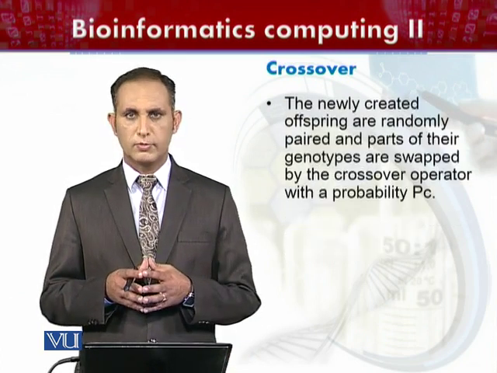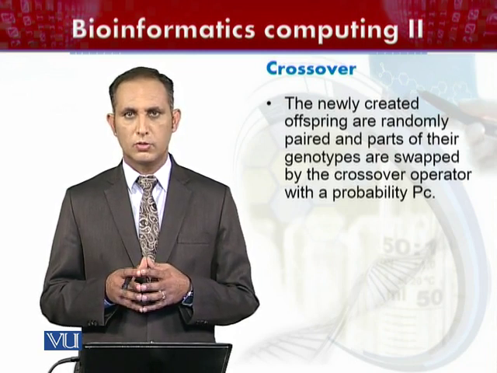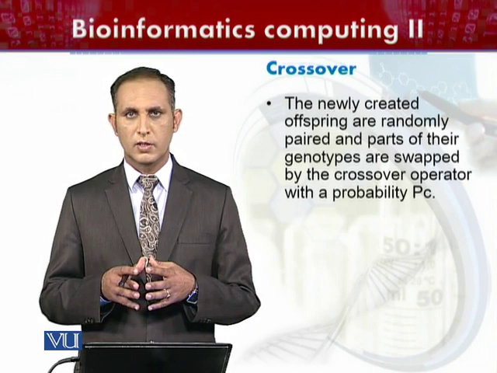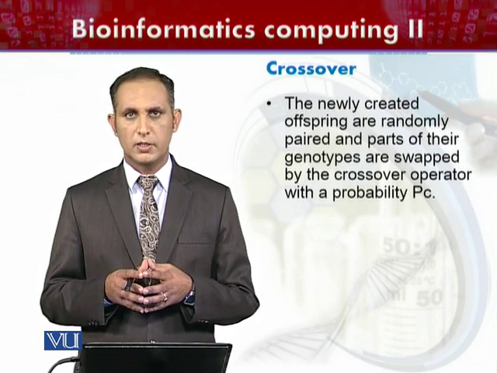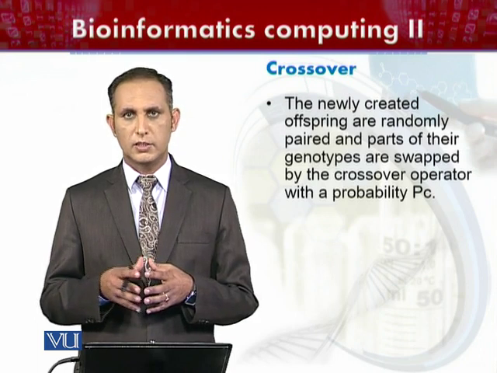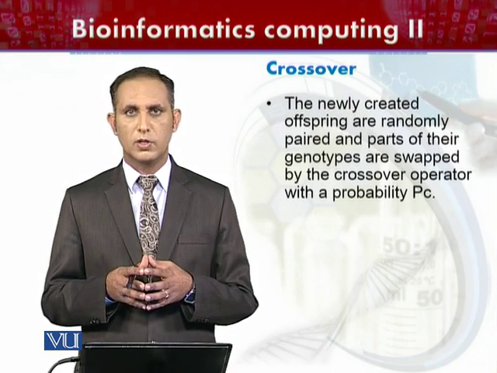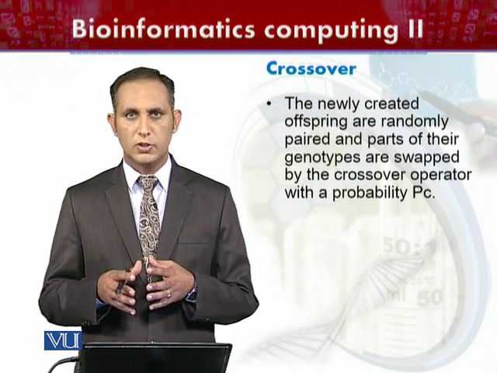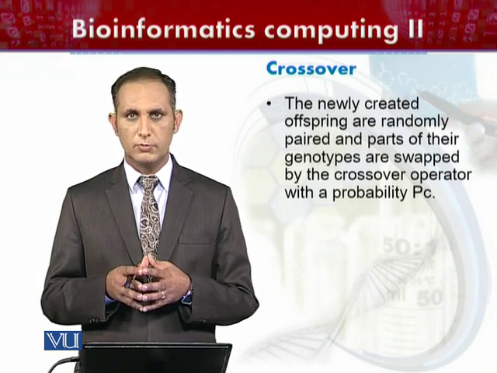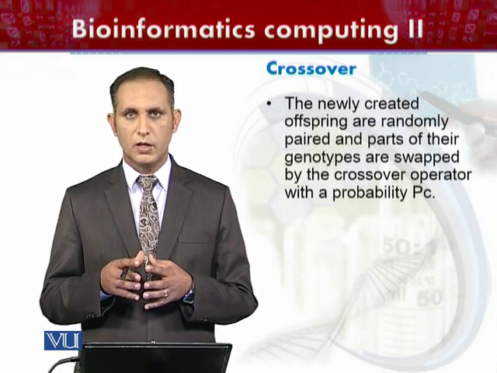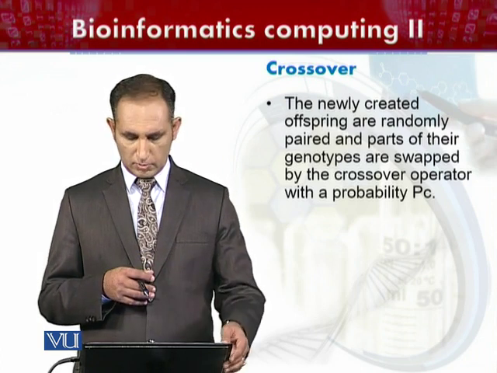The newly created offsprings are randomly paired, and parts of their genetic materials are swapped, and thus due to this genetic swapping of the homologous chromosomes, new recombinations arise which impart new properties to the individuals, which are expected to be more suitable, more fit as compared to their previous generation.